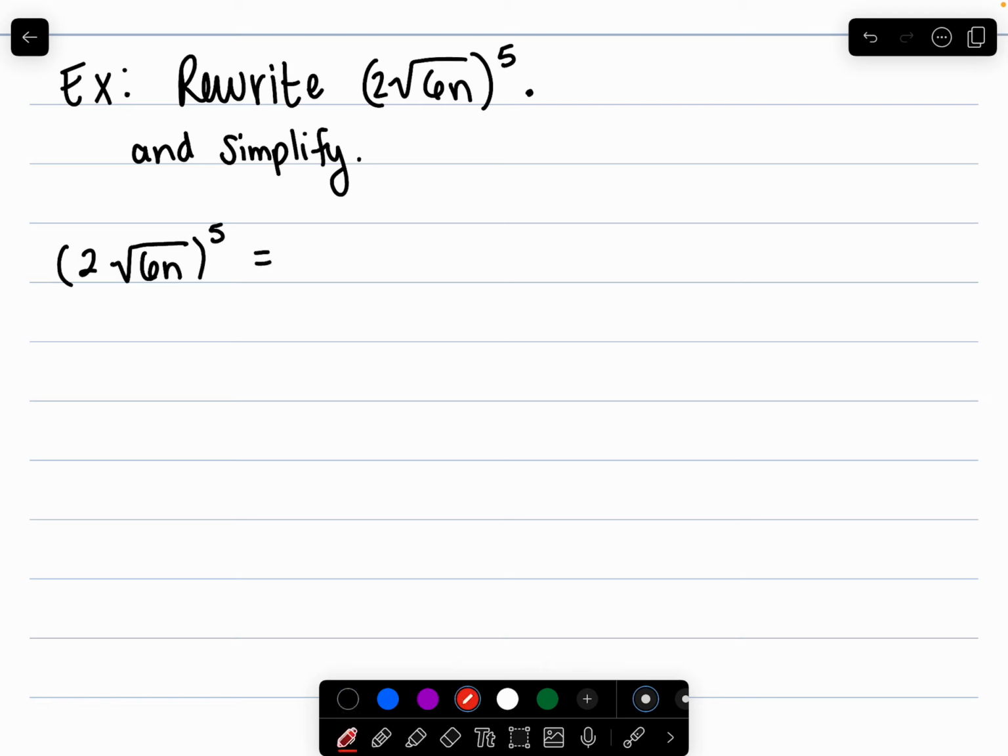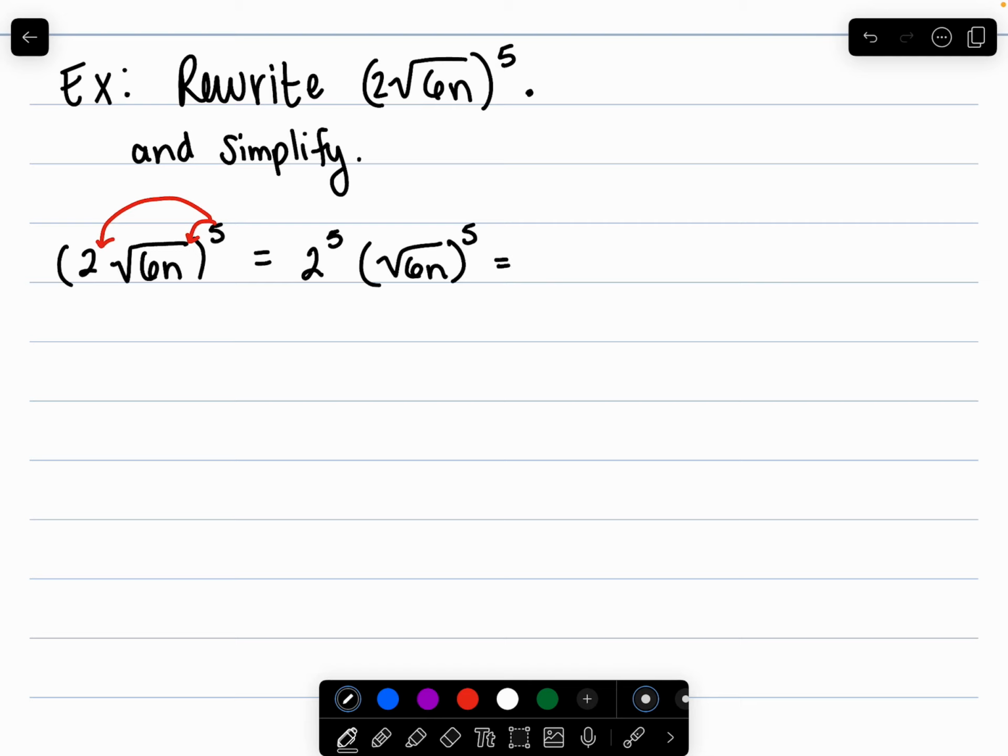So first things first, we want to distribute our exponents. To write this, you would end up with 2 to the 5th power and the square root of 6n to the 5th.